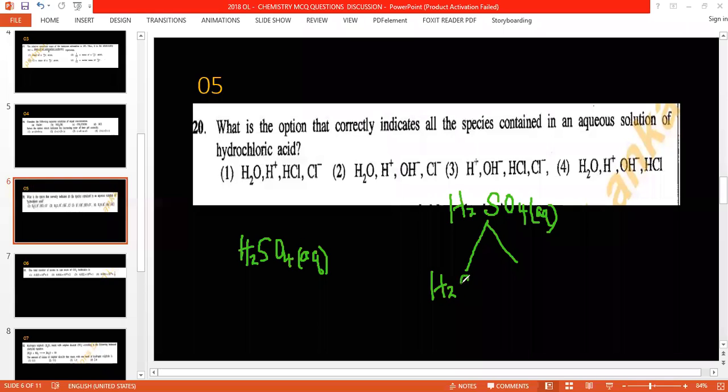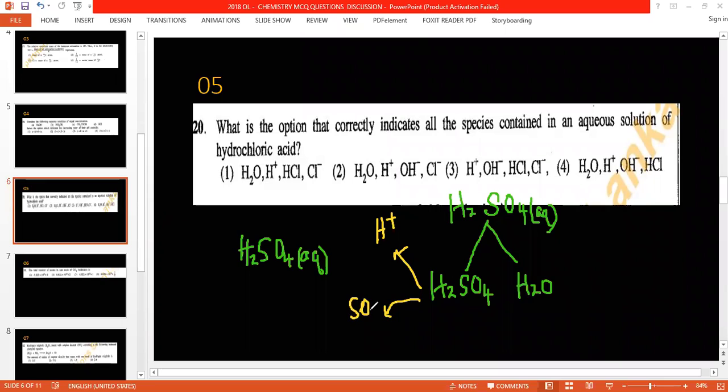Sulfuric acid aqueous solution contains sulfuric acid H2SO4 and water. This is not the question; we finished this question, I'm just giving another example. This sulfuric acid contains H+ and sulfate SO4 2- ions. It's not about the number, it's all about what type of ions.